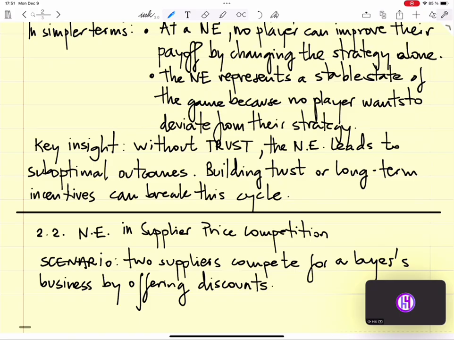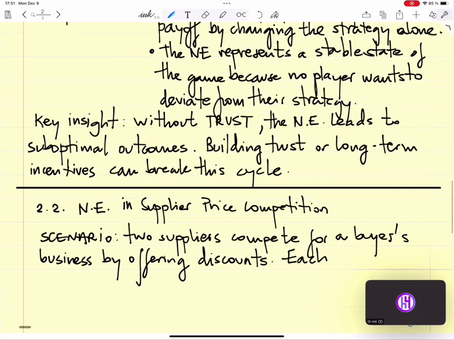Okay, each supplier, I mean, these are games, okay, so you just need to set up the scenario and the rules. So each supplier must choose between two strategies.